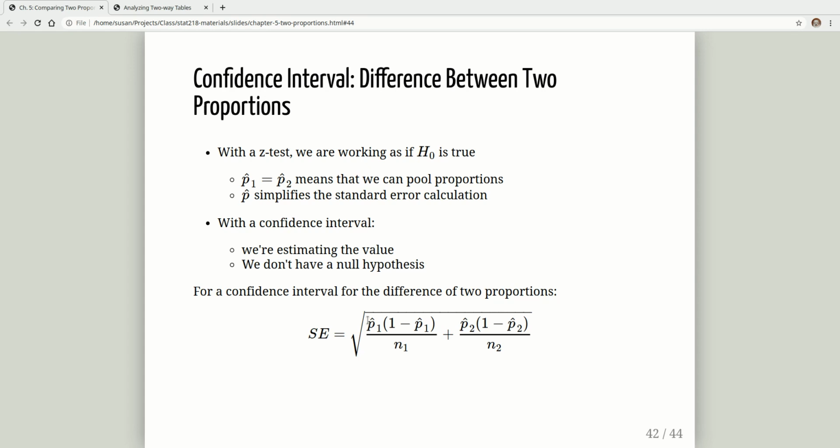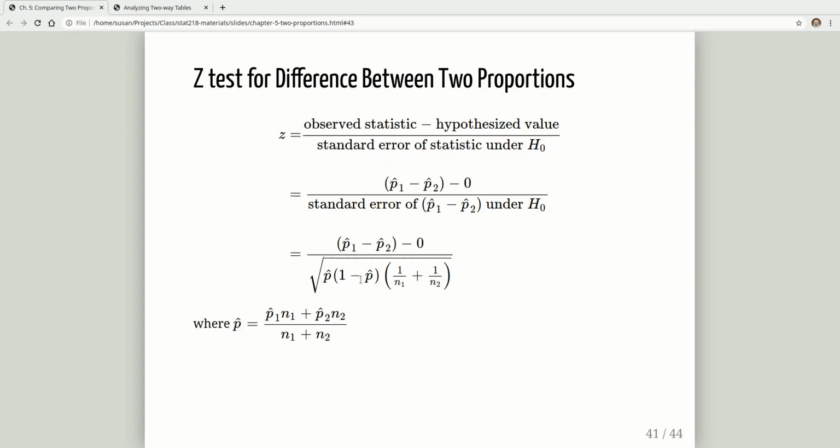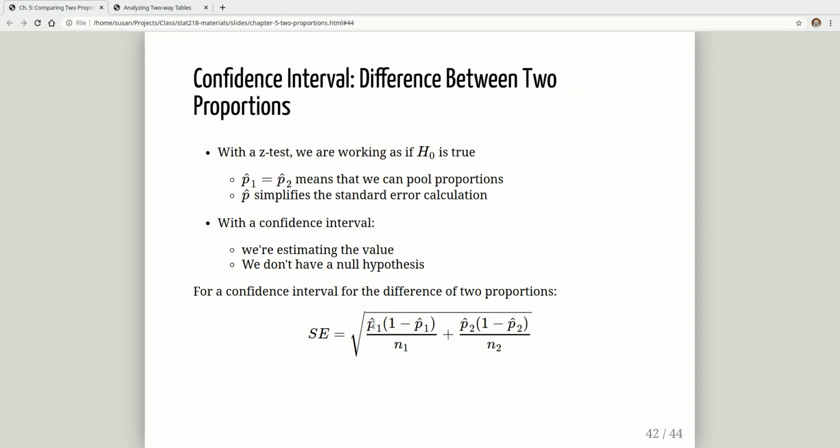But these both look pretty similar, and if we go back over here, the standard error formula for the z-test is pretty similar looking, right? And actually, if you plug p hat in here for p1 and p2, you can factor it out and get the exact same formula. So one of these is a special case of the other.